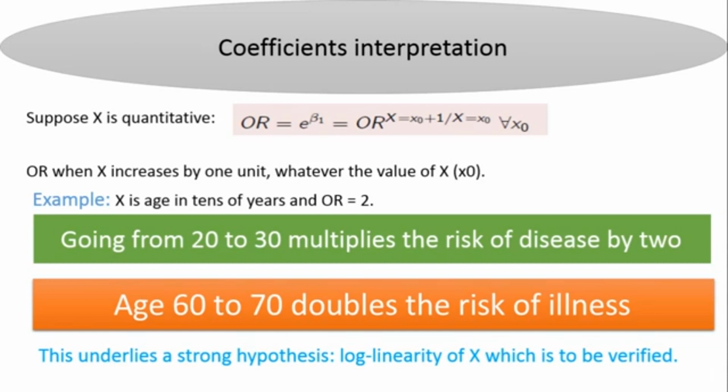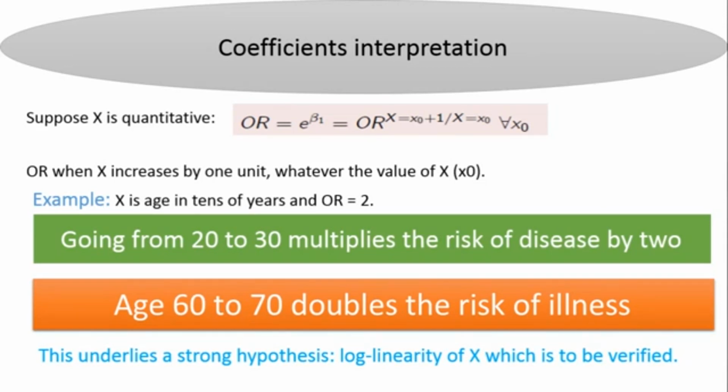Suppose that x is a quantitative variable; the odds ratio is equal to the exponential of beta. We can have this interpretation in this particular example, where our odds ratio is equal to 2 when we have age in tens of years as the explanatory variable.